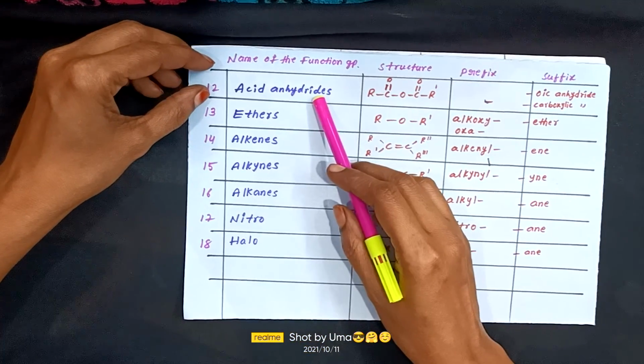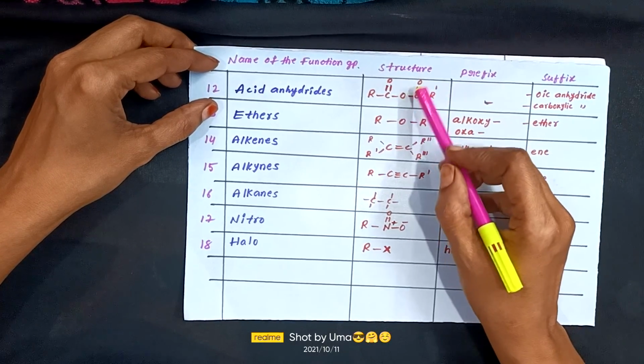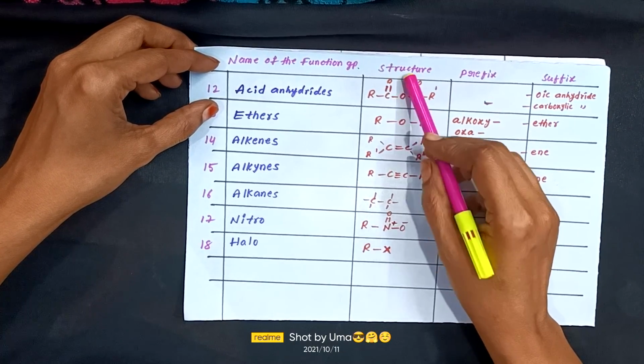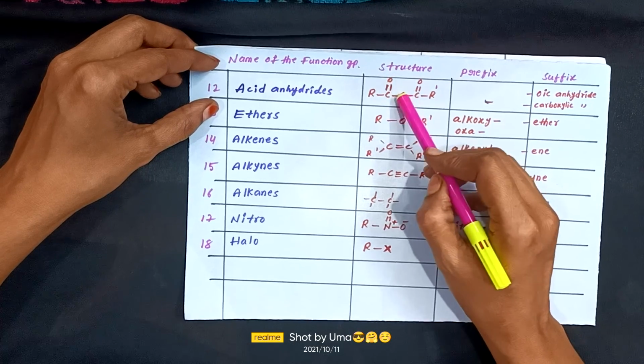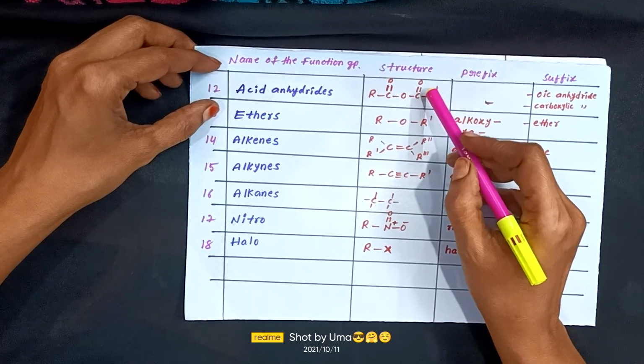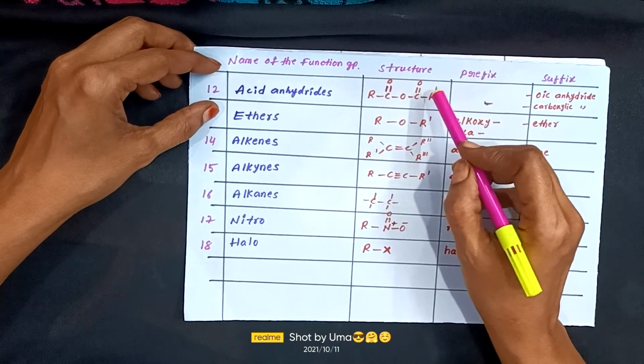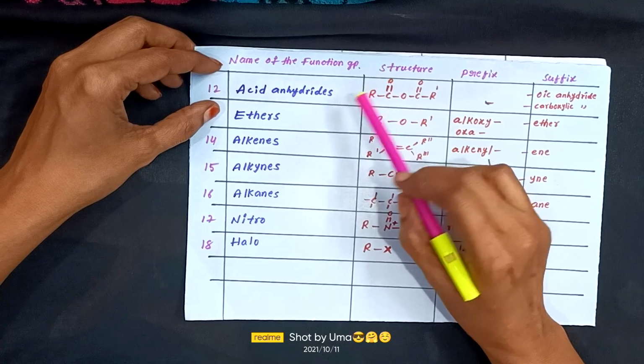And acid anhydrides, it is also a derivative of acid, children. Here two acid groups are there. Instead of one hydrogen in COOH we can write another acid group, then we will get acid anhydride.